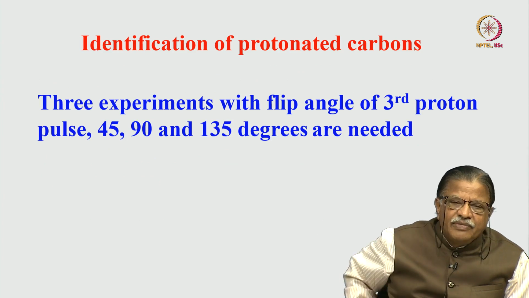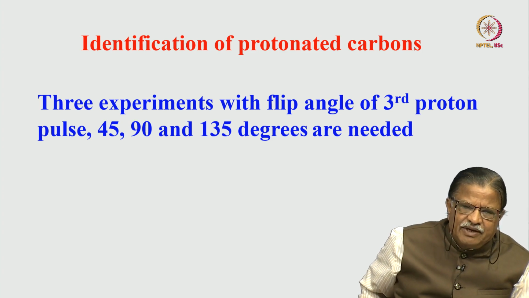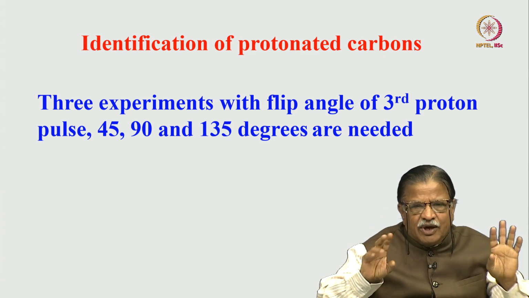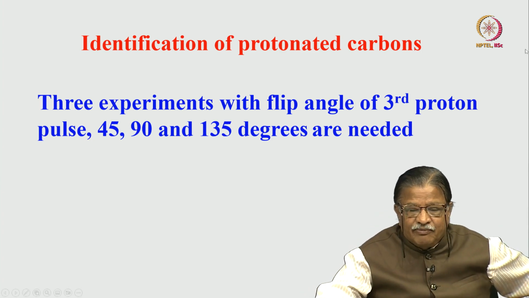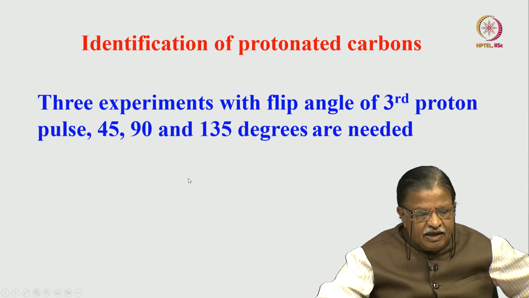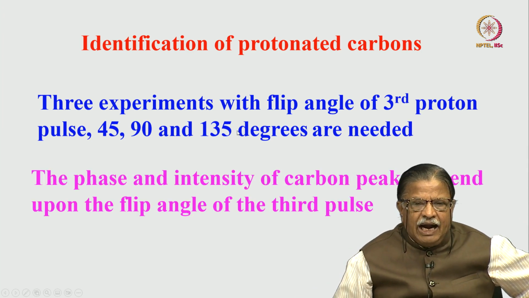We have to do 3 experiments. In principle 2 are enough, 90 and 135, but some books mention 3 experiments. I am explaining all 3, but practically you require only 2. In the last proton pulse, the flip angle theta, which I showed in the pulse program, we can do 3 experiments keeping theta as 45 degrees, 90 degrees and 135 degrees.